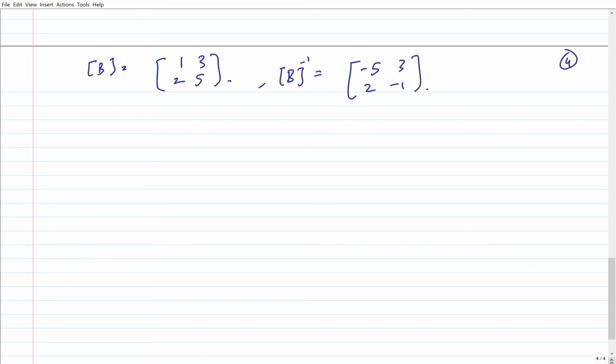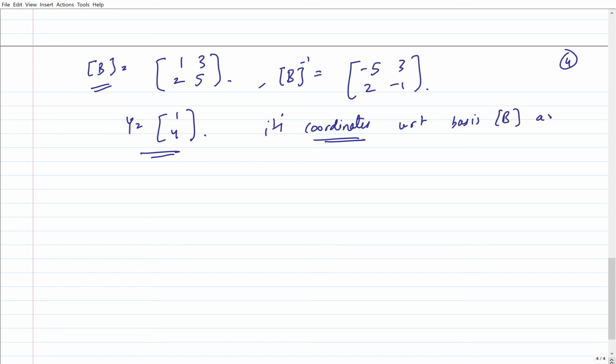So let's say I have a vector 1, 4. Its coordinates with respect to the basis B are nothing but, if you evaluate it, 7, -2.